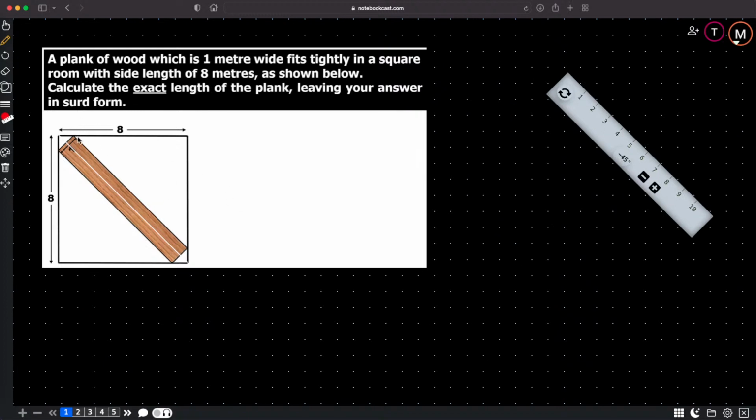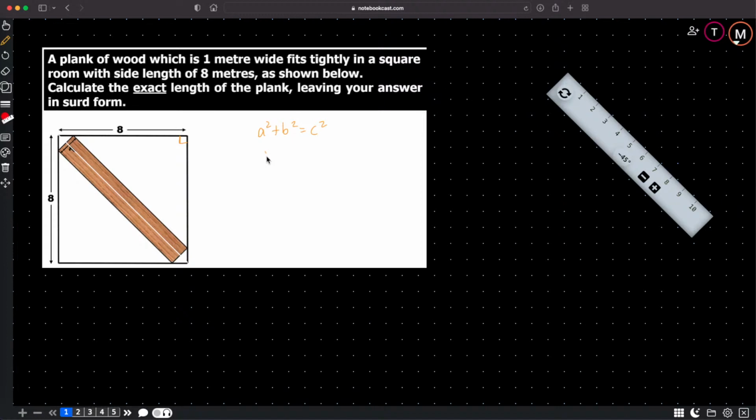And Pythagoras says if I want the diagonal, the hypotenuse of a right triangle, then I can use Pythagoras. If I want the hypotenuse of a right triangle, I know that a squared plus b squared equals c squared. So I can use that to find the hypotenuse, which is the c in this case.